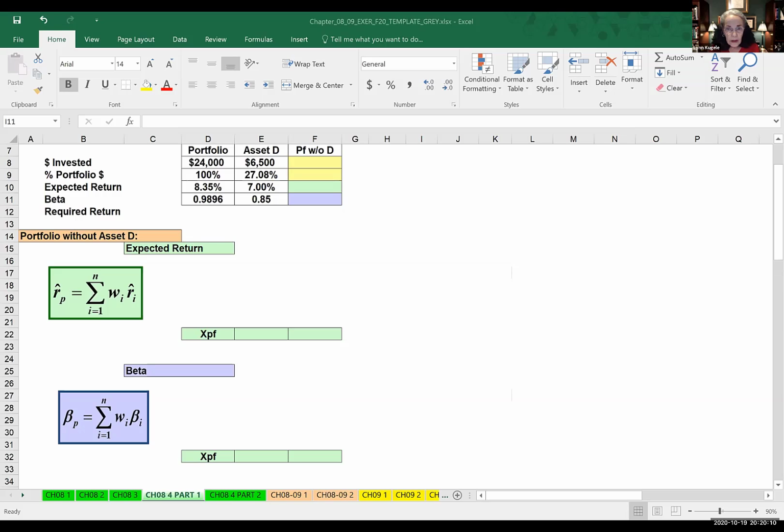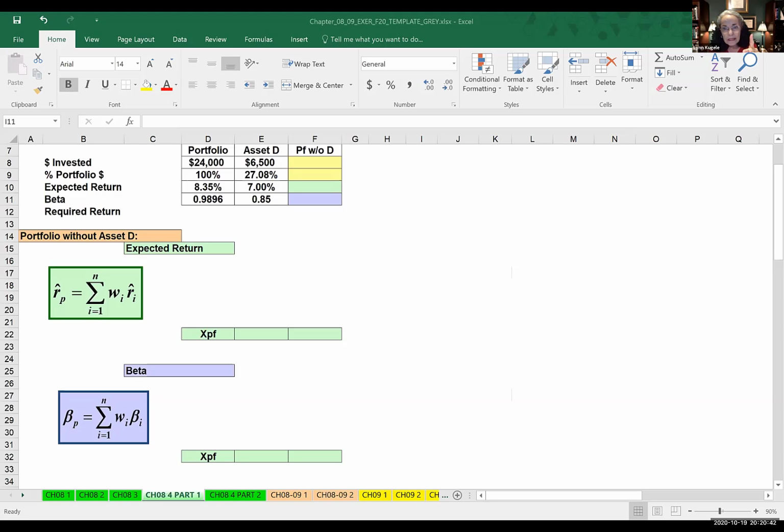The thing I'm taking out, this right here, and what's left. And that's what I want to know. What is the expected return on what's left? 8.85. I'm going to repeat that exact thing with beta. Same thing. I know the beta of the portfolio. I need to know the beta of the portfolio without D in it. Kind of makes sense? Did we just do 3? Yeah, we did 3. I'm sorry. Okay. I've got that.